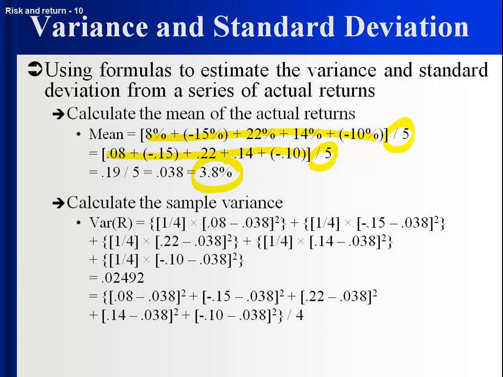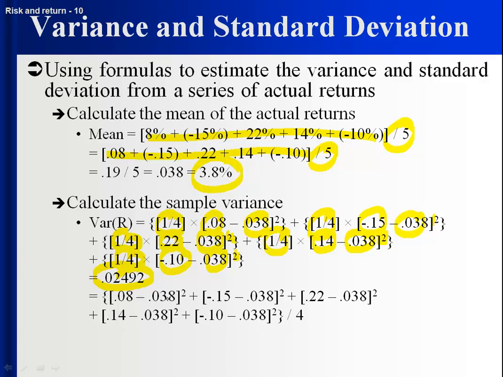The variance, there's 5 returns, so for each term it's 1/4 times the deviation squared, which is the return minus the mean: 1/4 times the return minus the mean squared, plus 1/4 times the return minus the mean squared, plus 1/4 times the return minus the mean squared, and so on. And that's the variance of 0.02492.